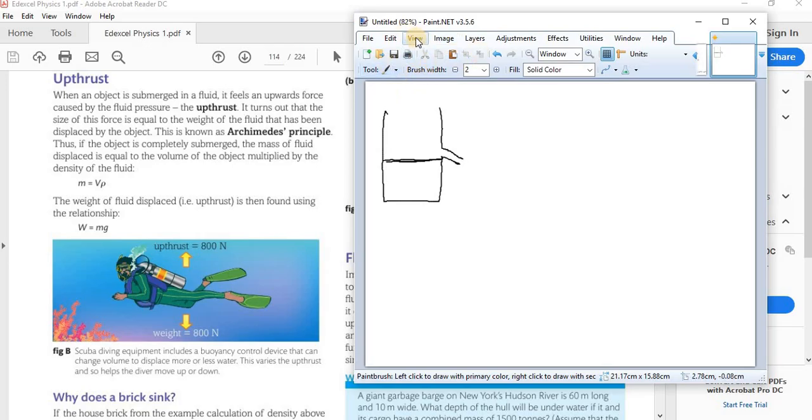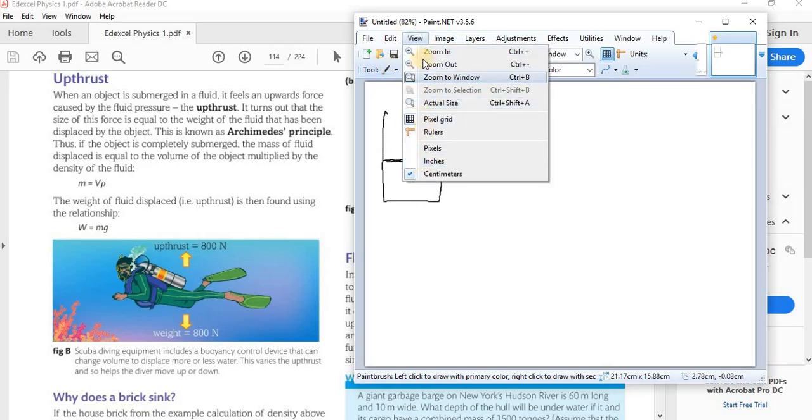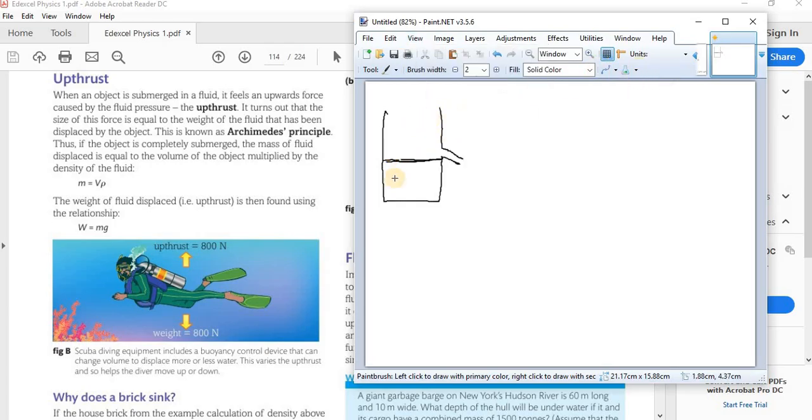Now what will happen is, if I add an object into this, so let's say I put an object in here. As soon as I slowly immerse the object in here, what will happen? There will be fluid displaced.